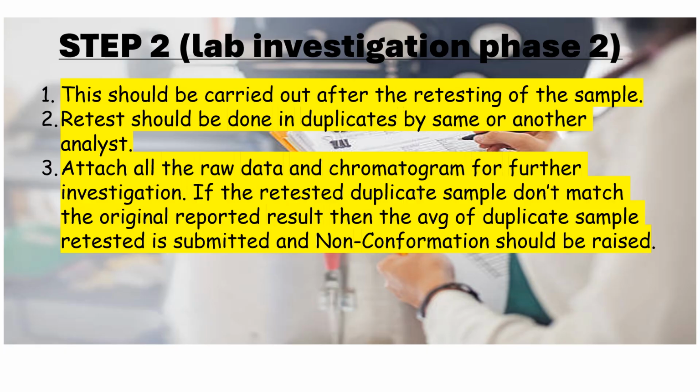Now this phase 2 investigation should be started by performing the analysis, that is, a retest of the existing sample if it is available. The sample used for retesting should be taken from the same homogeneous material, batch or lot that was originally tested. And also the sample that has to be retested should be tested in duplicate.